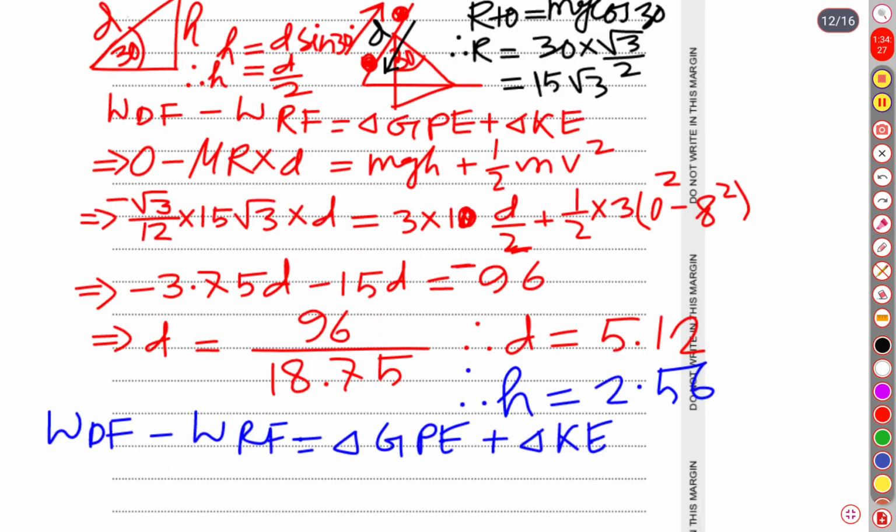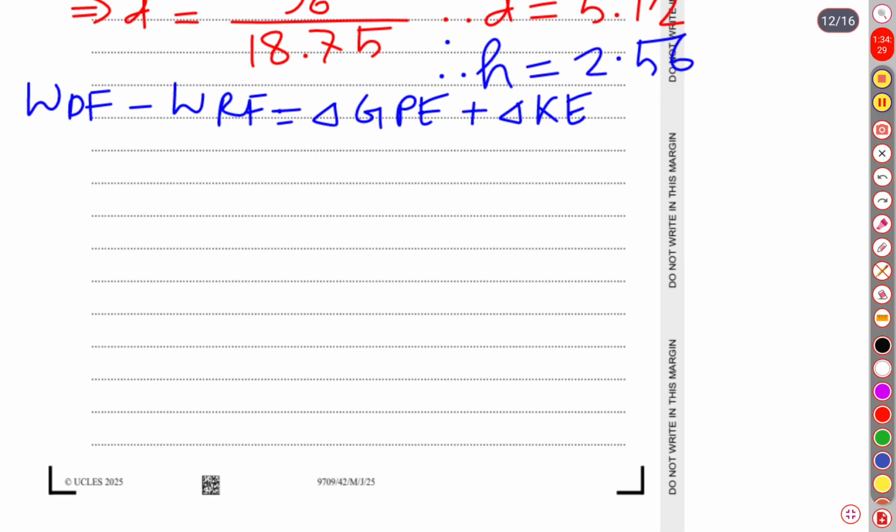As we did in the previous case, the particle is moving downward, so there is no driving force at all. It is 0 minus resistance to motion, which is mu R into d, displacement. Work done by resistance force is the frictional force into displacement.